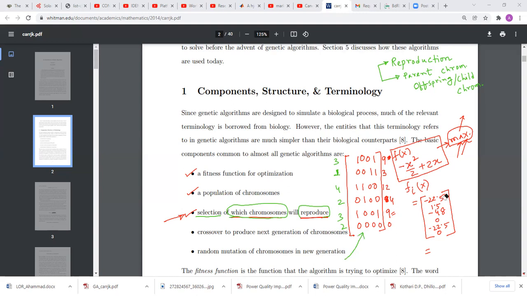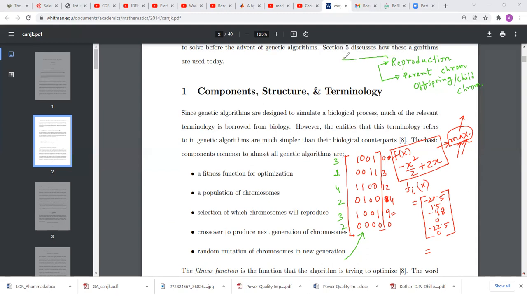But the question is, how am I going to do it? One of the ways, there are many ways, is to look at this fitness and put much weight or higher probability on those chromosomes which have higher fitness. Let me repeat.